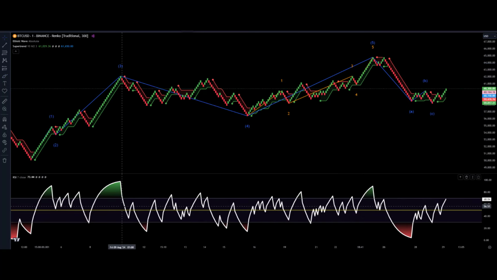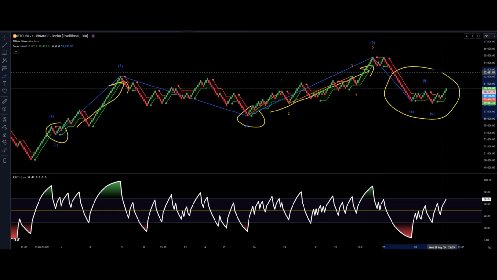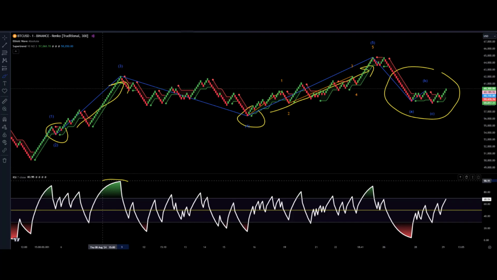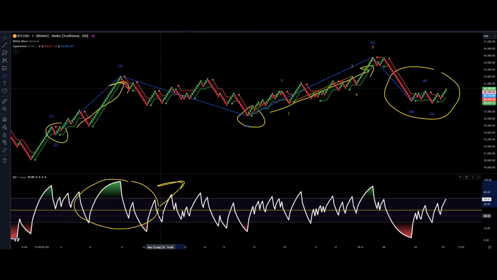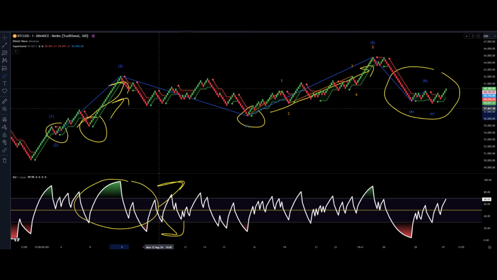It's not too complicated. It's looking for the wave patterns to start with, and we're looking for like that 2 and the 4, and then we're going to try and pick up on that trend move and that trend move, or you can use the corrective waves around over here in a similar manner. Once we've defined those waves, we look at our RSI at the bottom for bullish, bearish confirmation, and also our super trend indicator to also be confirming the bias on what we got to the up or downside.